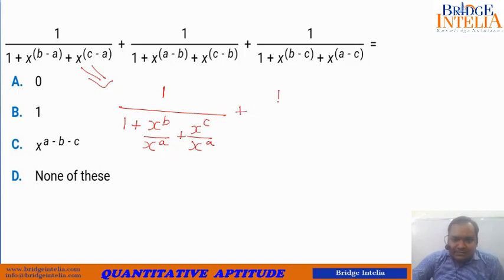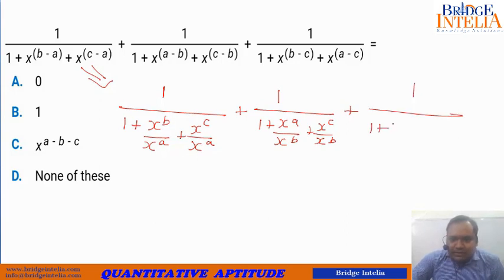Similarly, the second term can be written as 1 by 1 plus x to the power a upon x to the power b plus x to the power c upon x to the power b, and the third term can be written as 1 upon 1 plus x to the power b upon x to the power c plus x to the power a upon x to the power c. Now this can be simplified further.